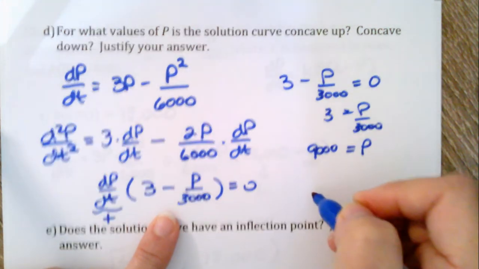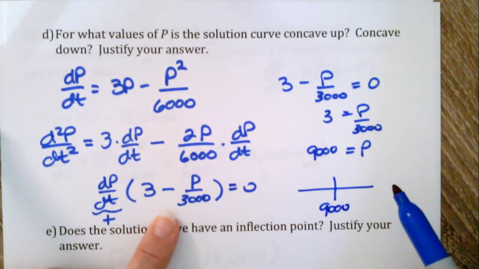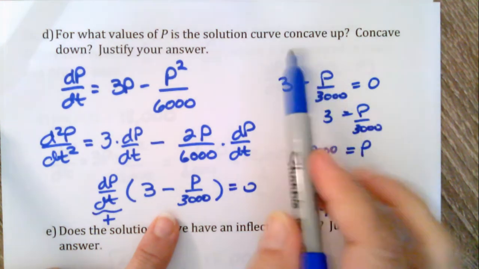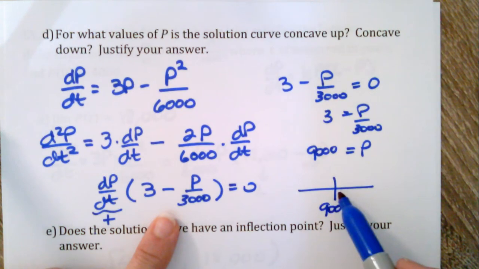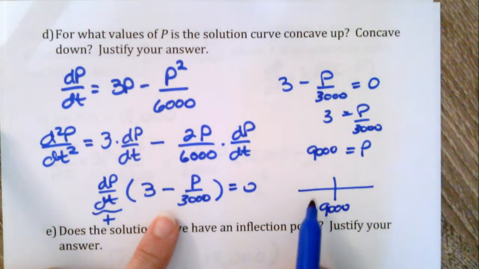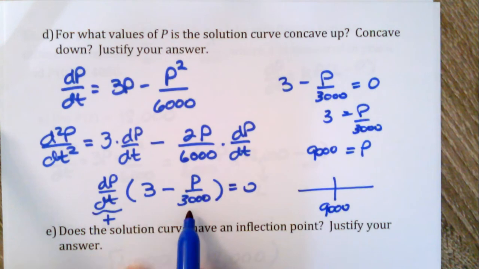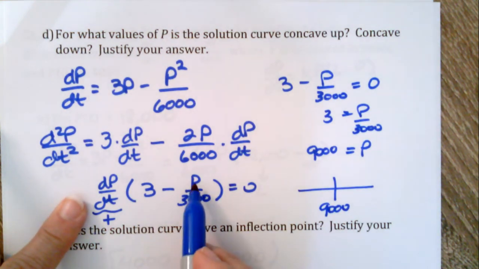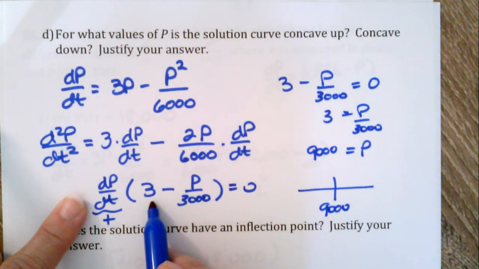And so what we need to look for now is when is it positive, when is it negative? When is the second derivative positive or negative, which will tell us when the solution curve is concave up or concave down. So if I pick a number on this side of 9,000, like 8,000, and I plug it in here, 8,000 divided by 3,000, I don't know exactly what that is, but I know it's smaller than 3.